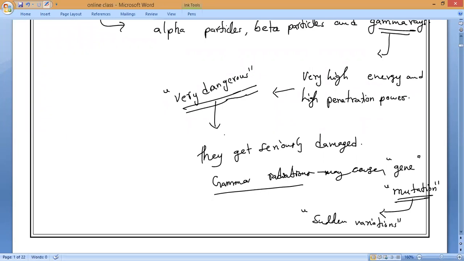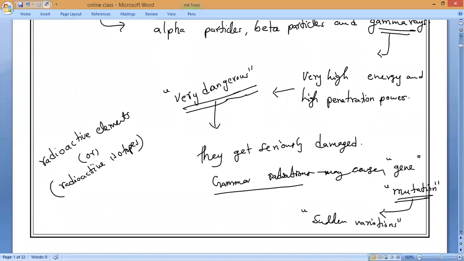So now, whichever elements are emitting radioactive radiations, what are they called? They are called radioactive elements, or particularly we can say radioactive isotopes. Please remember that.